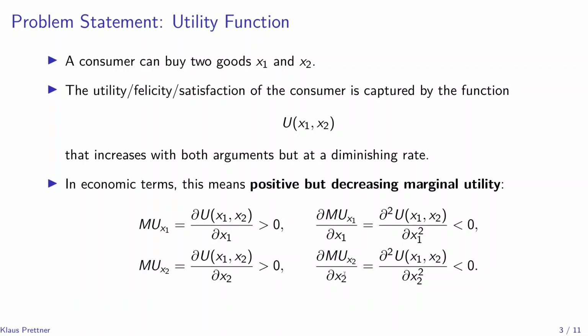But the second derivative of the utility function with respect to x1 or x2, so the derivative of marginal utility with respect to x1 or x2, is negative. So if your consumption is already higher, then the additional utility you get by more consumption gets smaller and smaller. In essence, that's the same statement as saying the utility function is concave. So it increases, but the slope decreases.